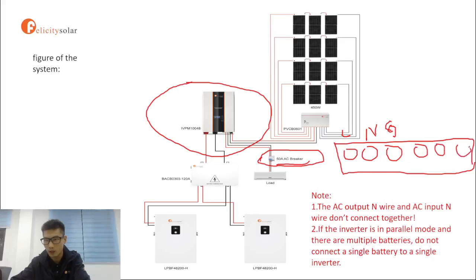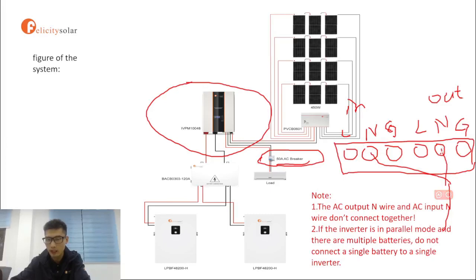And here as well, the L, N, and G. Here is for the inputs. Here is for the output. The N1 for the AC output should be here, but not here.